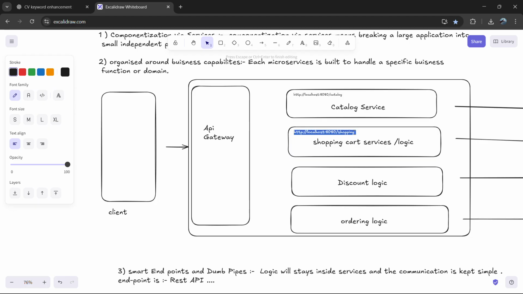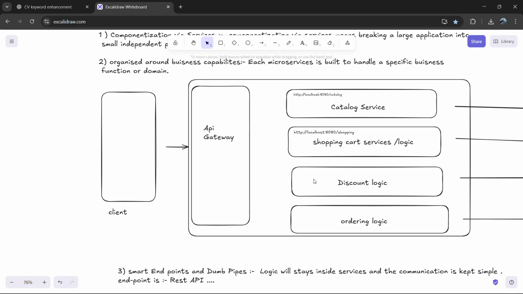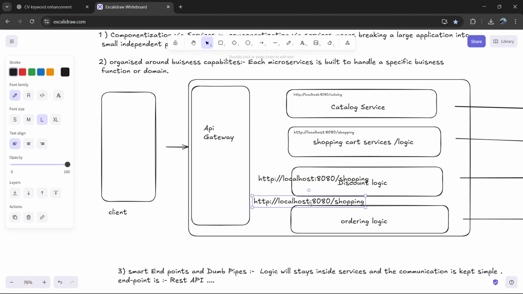Similarly, we will write an HTTP method in this service also, and in this service also.